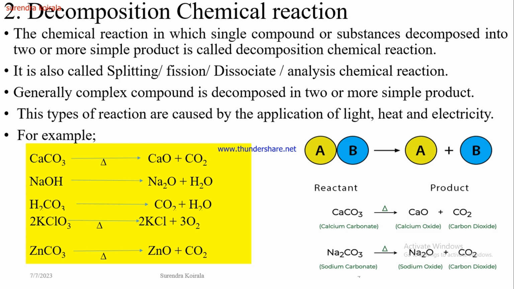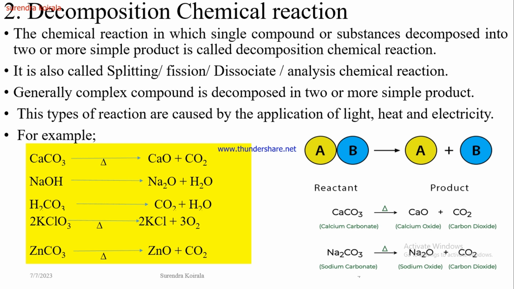Similarly, calcium carbonate is decomposed into calcium oxide and calcium dioxide by the heat. Sodium carbonate is also decomposed into sodium oxide and carbon dioxide. These are decomposed by the use of heat.